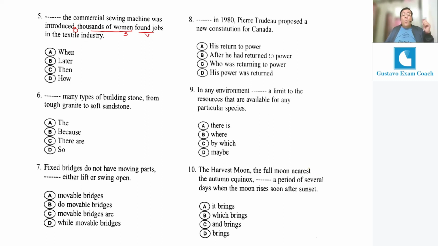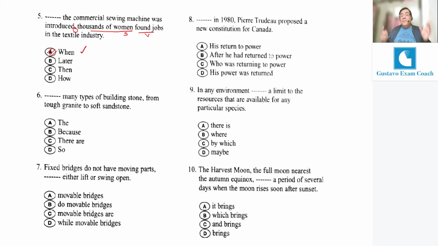Take a look. When the commercial sewing machine was introduced, yeah, we have a perfect match because it is an adverbial clause that would modify or describe somehow the time frame for the action of found mentioned in the independent clause. So this is our best choice, when. Later, the commercial sewing machine would make the first part of this sentence just an independent clause.